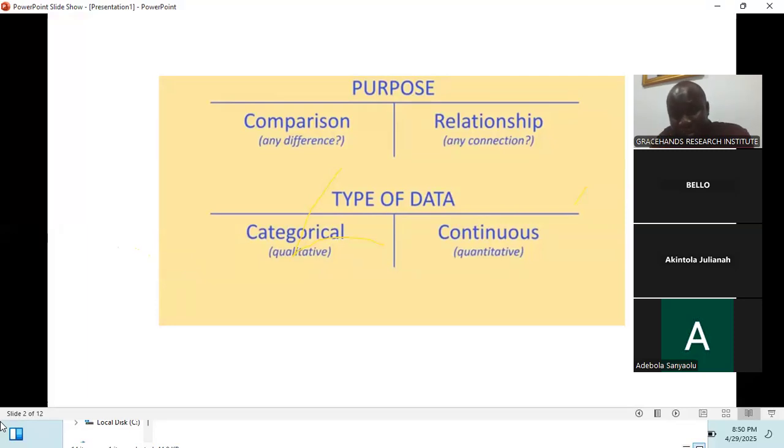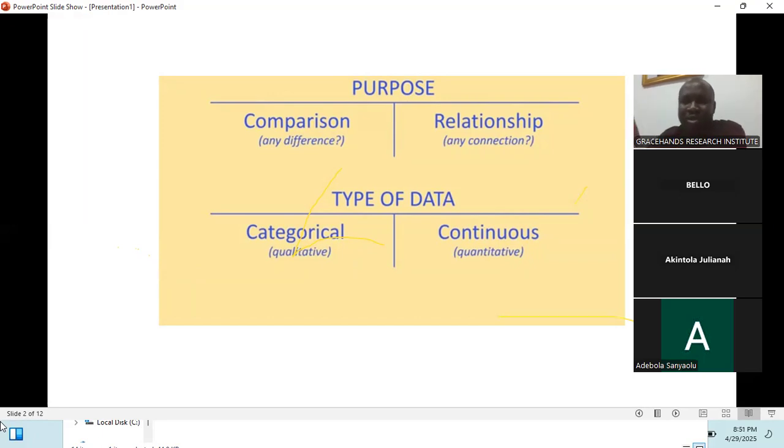I hope you are following me. Because you are setting the objective, you are setting the goal, you are writing the hypothesis. Analysts will just analyze what you've written down in your chapter 1 or what you want to publish. I hope you are following me. So you are setting everything. So if you understand this, you will know how to put things together when you are writing.